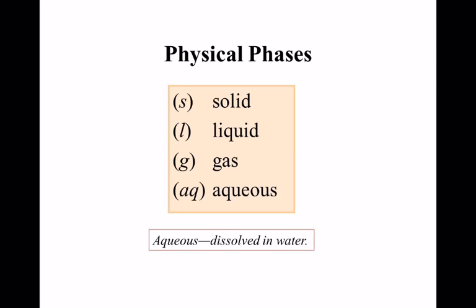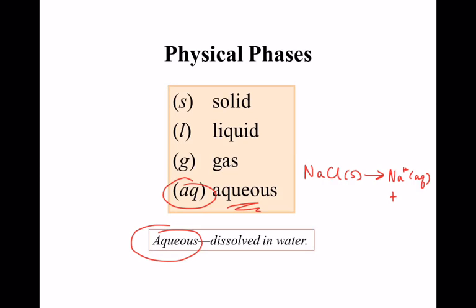And the last one, AQ, okay, and I think we've talked about this before. Anytime you see AQ, know that basically it's dissolved in water. So if you see NaCl, sometimes you'll see it like this. NaCl solid goes to form Na, sodium is a +1 because it's 1A, and we'll write an AQ next to that, plus Cl.